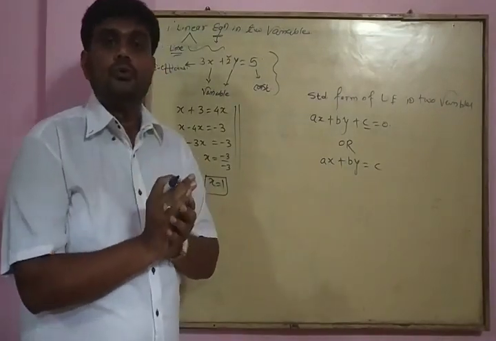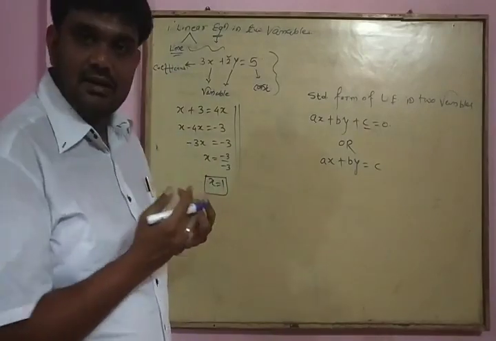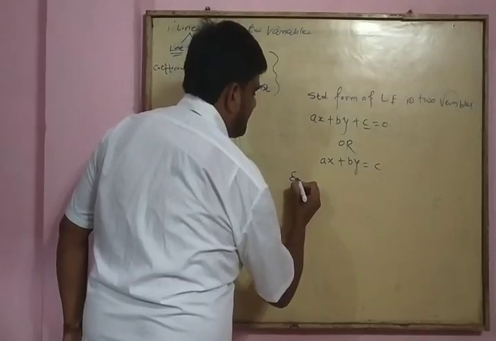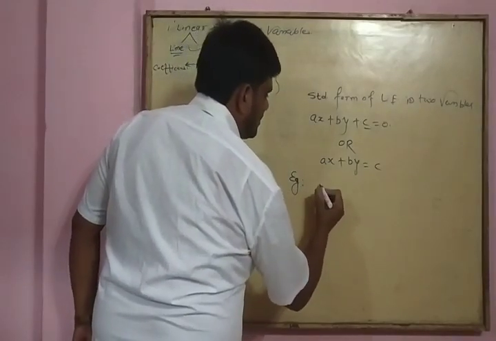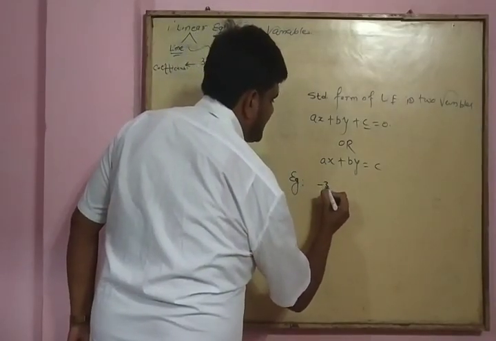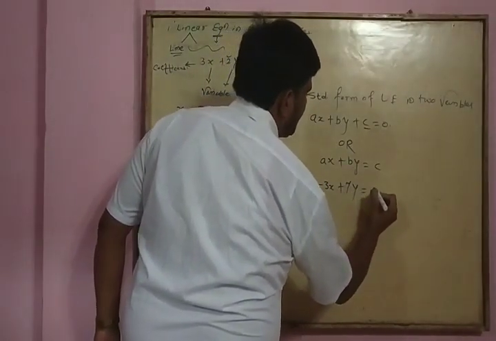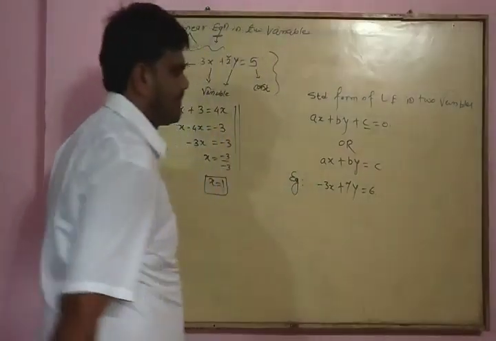I hope you have got it quite right. See here one example: minus 3x plus 7y equal to 6.